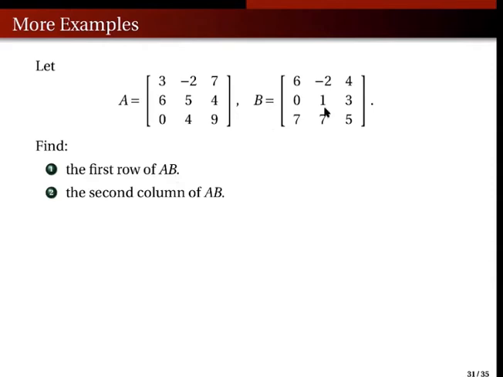You don't have to calculate everything. So what does this mean? If you want the first row of AB, you just need to consider the first row of A multiplied by all the columns of B. Remember, when doing multiplication of matrices, for the left factor you use rows, and for the right factor you use columns.